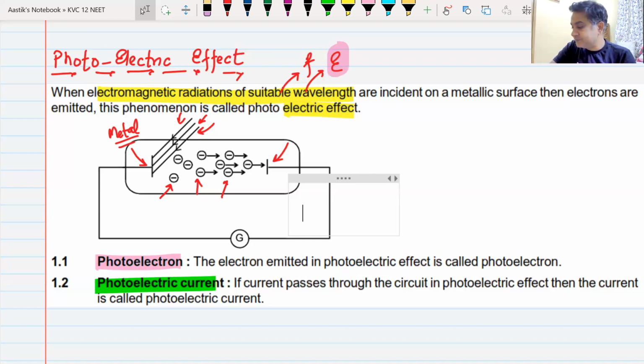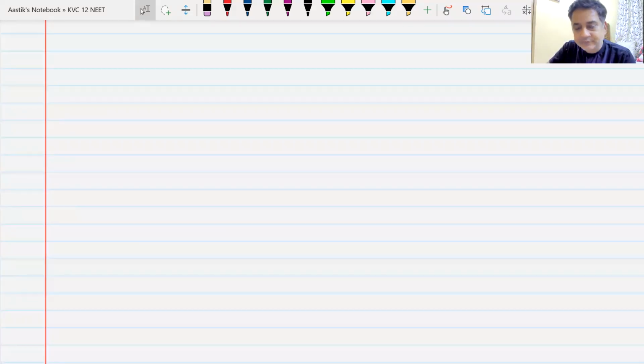What is the reason? There must be a reason for suitable. Why suitable? Light is light. This yellow light or this blue light, what difference does it make? No difference. All is light. Why do we need suitable?